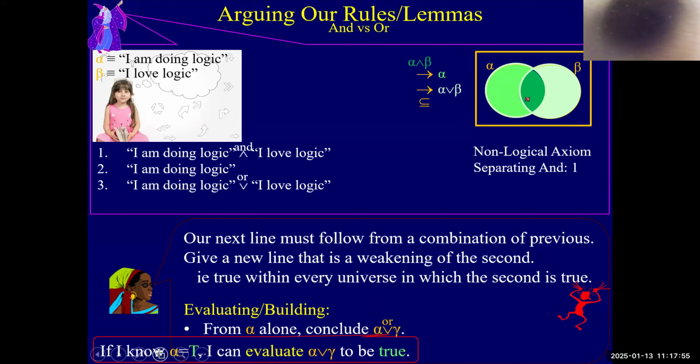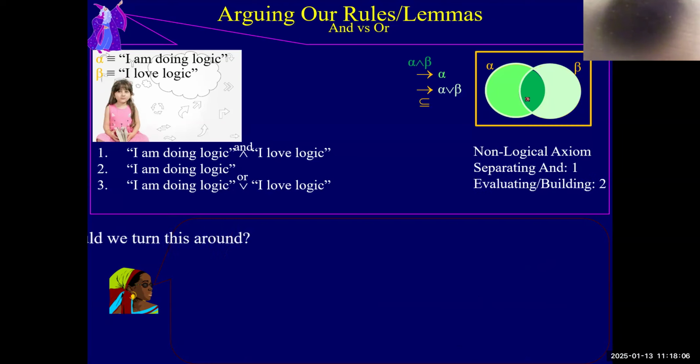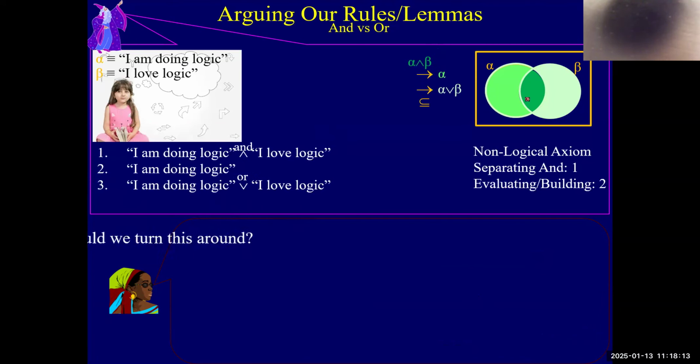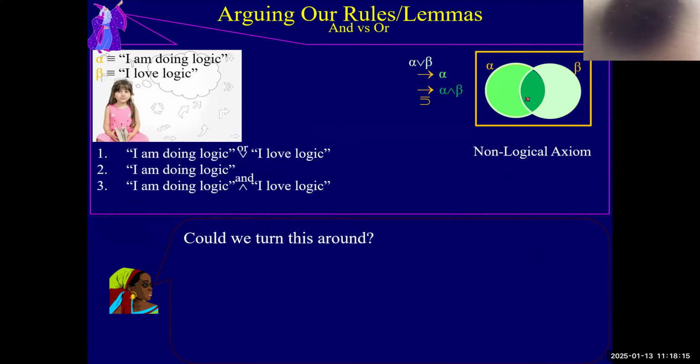So from evaluating, if I know this is true, I can evaluate this is true. And from building, from this little thing, I can build this bigger thing, right? And then you label it. And then one last line, can you turn this proof around? Right? It was a proof this way. Can I turn it around? Absolutely not, right? Because it doesn't apply the other direction.